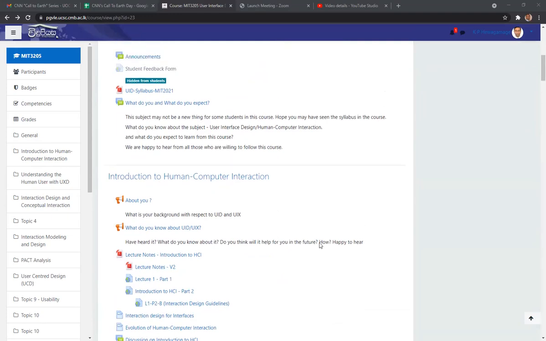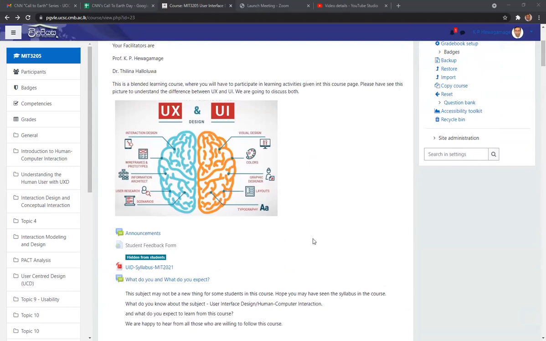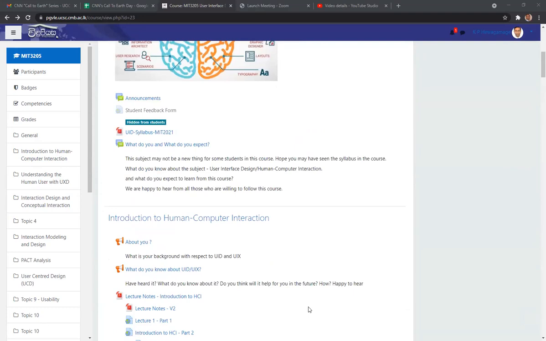That is what we generally call UX design, and the other one is UI design. Sometimes people call it user interface design, but the more appropriate word is user interaction design.